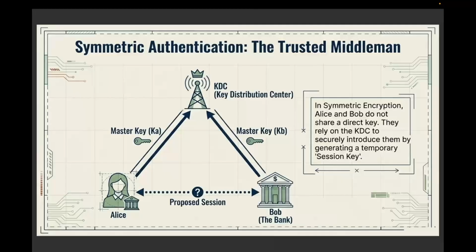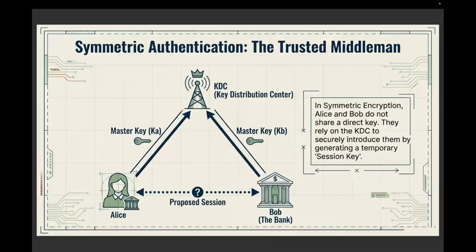Now let's move to symmetric authentication. In symmetric encryption, Alice and Bob do not directly share a key. Instead they rely on a trusted middleman, the Key Distribution Center, or KDC. Alice shares a master key with the KDC and Bob also shares a master key with the KDC.